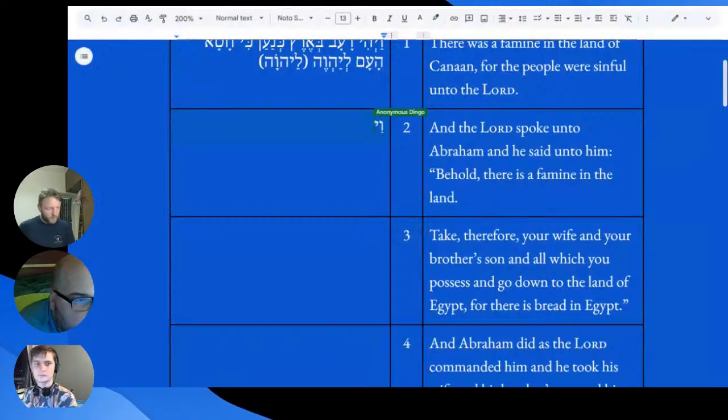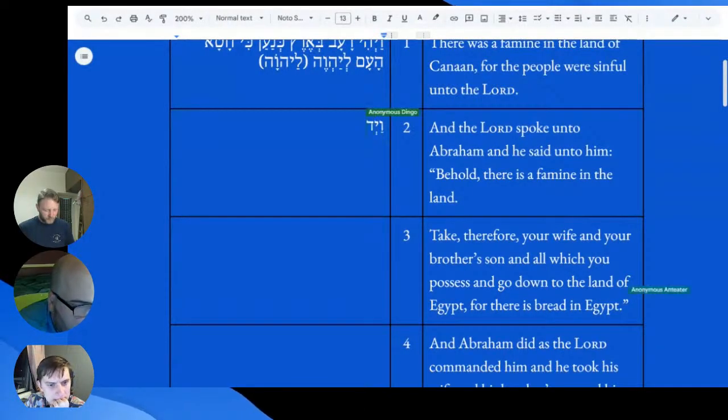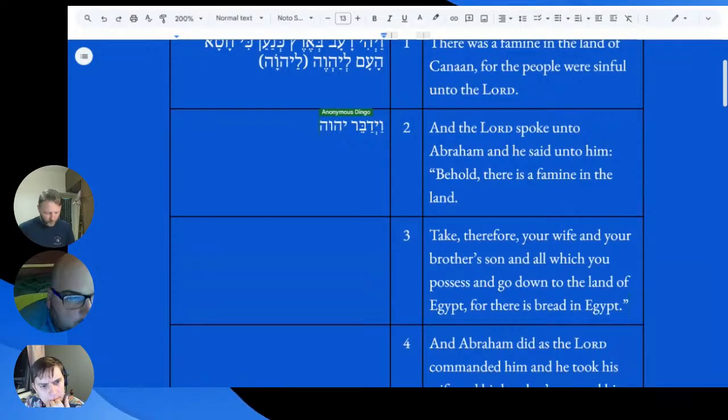Okay. I should keep my book open so I don't have to go down this thing. And the Lord spoke. What verb is spoke? Vayedaber Adonai. It's a verb of speaking.